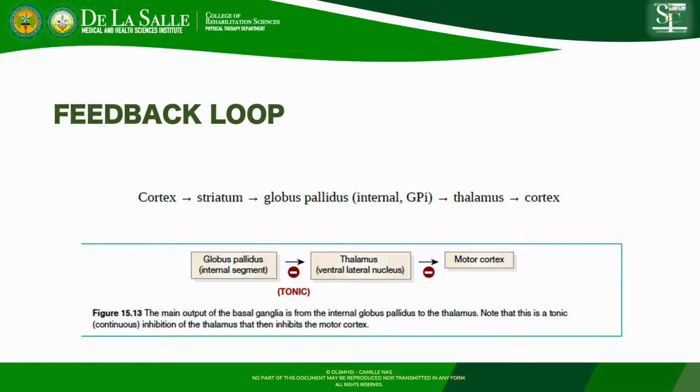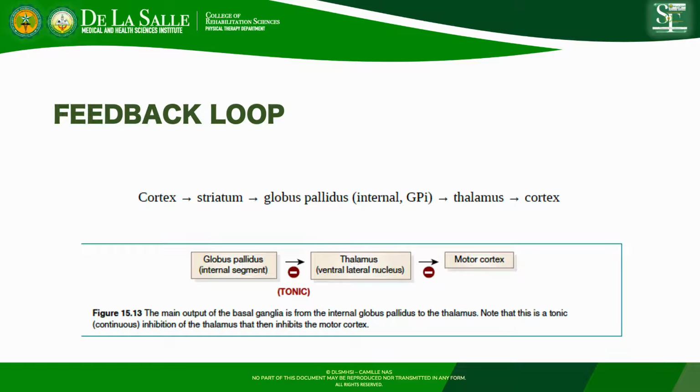The function of the striatum is to inhibit the globus pallidus internal. The globus pallidus internal is the one that communicates with the thalamus. The thalamus serves like the secretary that sends the message from the basal nuclei to the cortex. And the cortex is the bridge that connects the basal nuclei to the spinal cord.